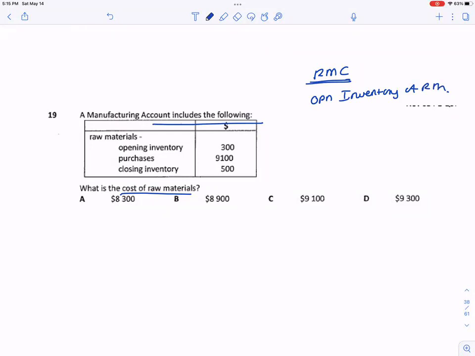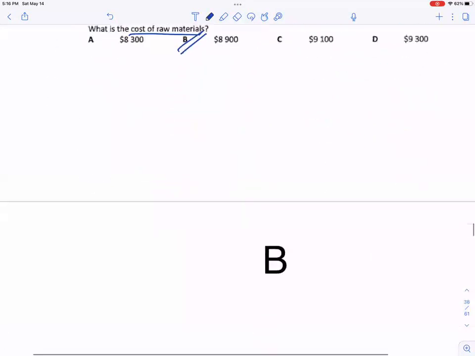Opening inventory plus purchases minus closing inventory of raw material. It's B, 8,900. So 9,400 minus 500, 8,900.